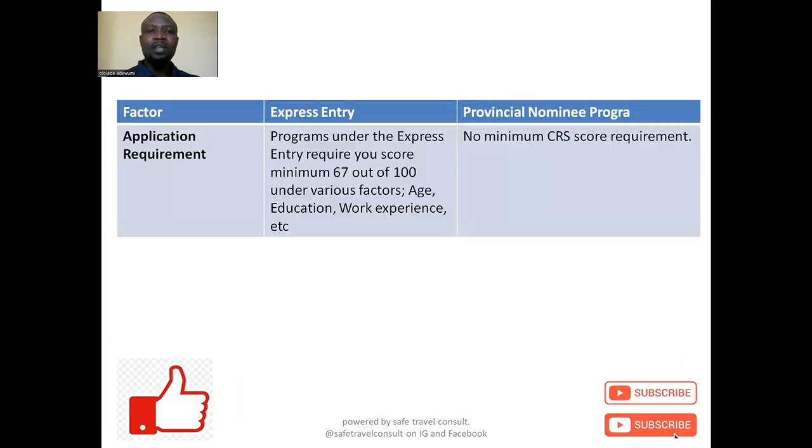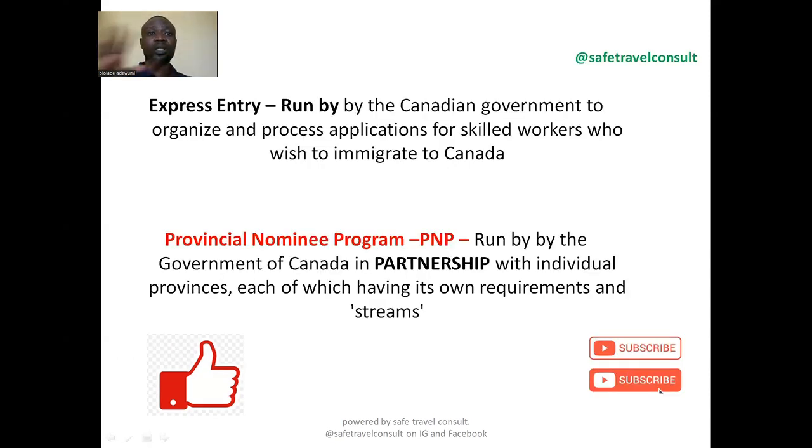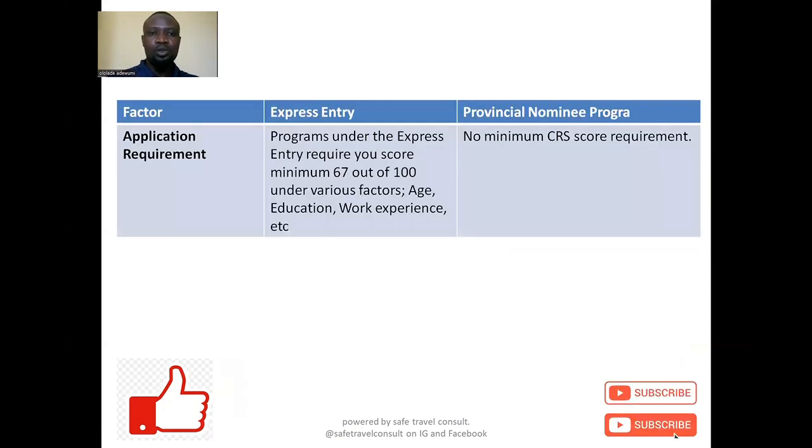So I will be making my differentiation based on different factors to bring more light into the differences between Express Entry and the Provincial Nominee Program. For instance, in terms of application requirements, Express Entry requires what is called a CRS score. There is a score, there are points.